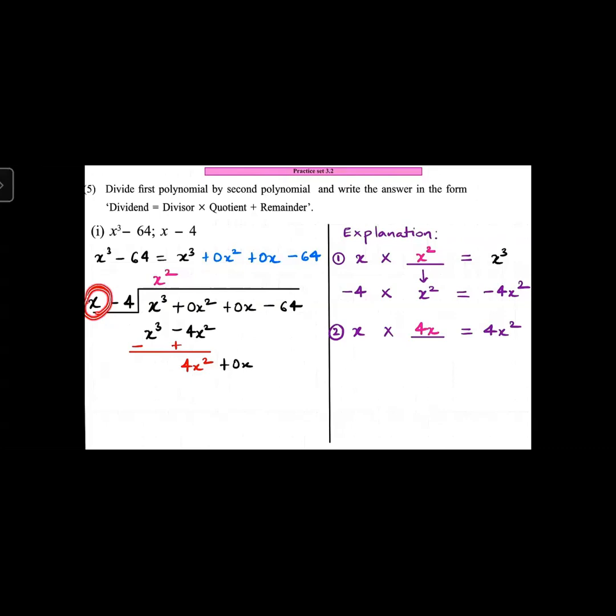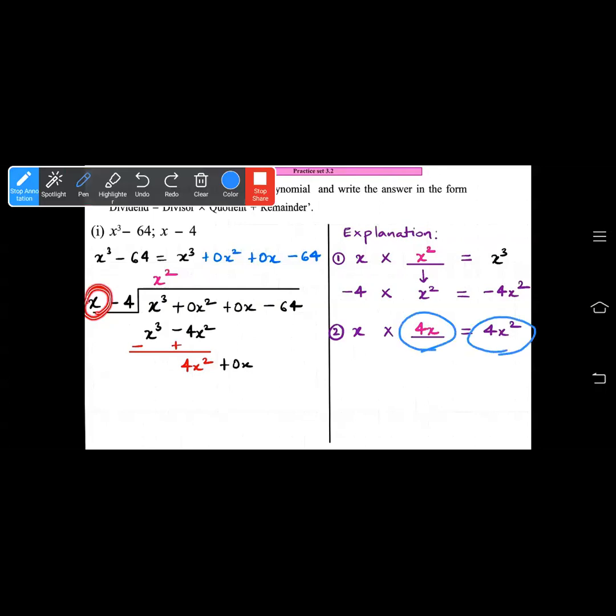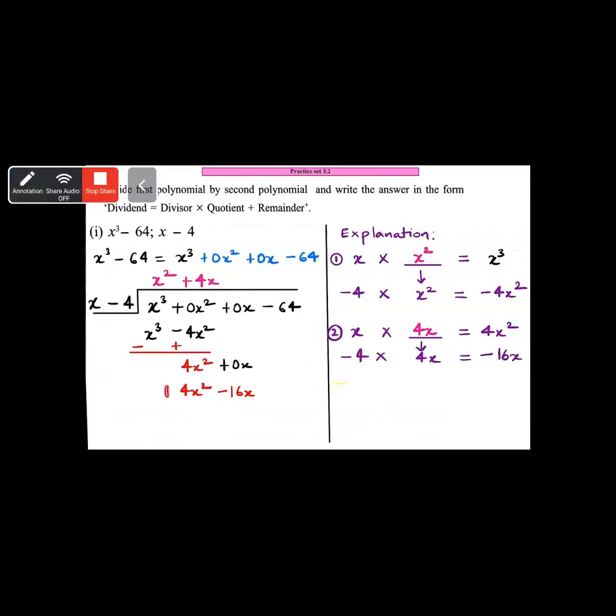Now x should be multiplied by what to get 4x square? x should be multiplied by 4x to get 4x square. So also we will multiply minus 4 with the 4x. You will get minus 4 into 4x, minus 16x.